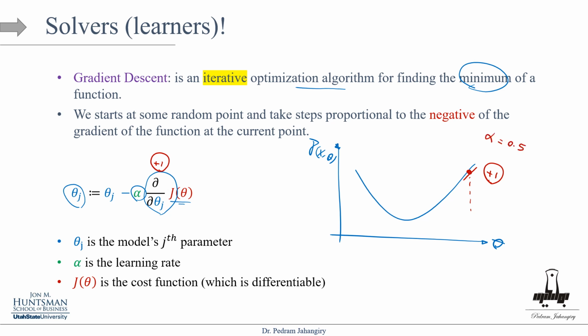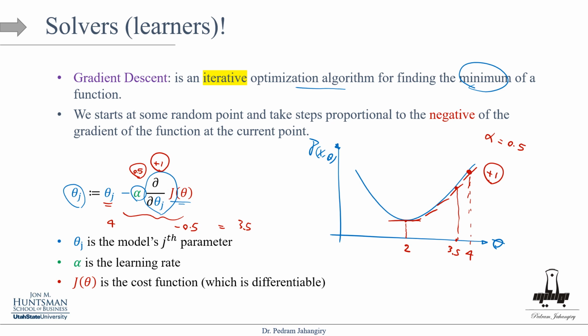Let's say the learning rate is 0.5. So alpha multiplied by that gradient is 0.5, and I get minus 0.5 here. Imagine your initial value for theta, naively speaking, is 4. So we do 4 minus 0.5, we get 3.5. So we get to this point, 3.5. And we keep repeating this process. We get to a point where, let's say, theta is equal to 2, and the gradient is equal to 0, right?